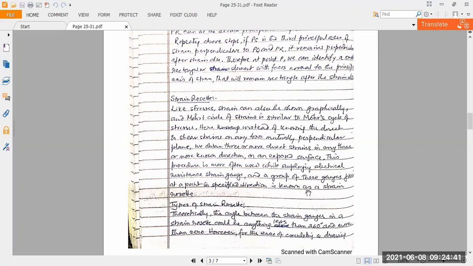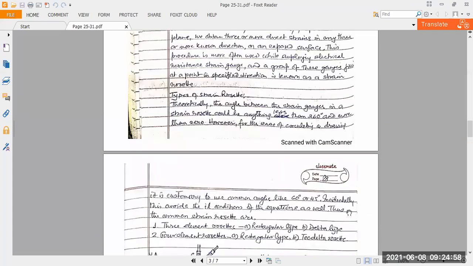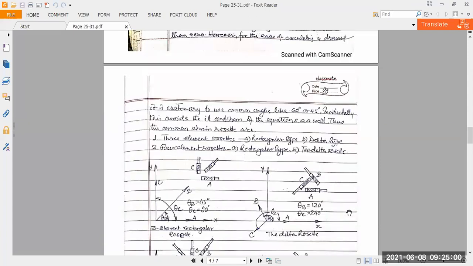Anywhere you can place these strain gauges except the initial position when it is 0. You cannot place it at 360 degrees either, but any other angle between 0 and 360 degrees is possible. Now, for ease of calculation and drawing, we have different customs for placing the strain gauges.